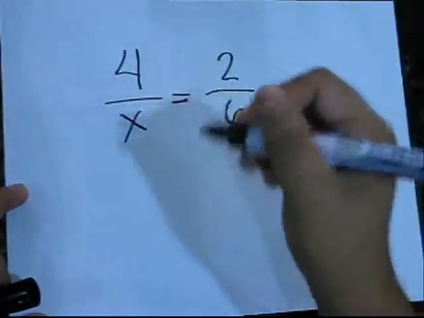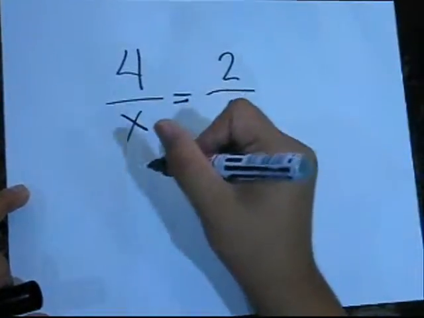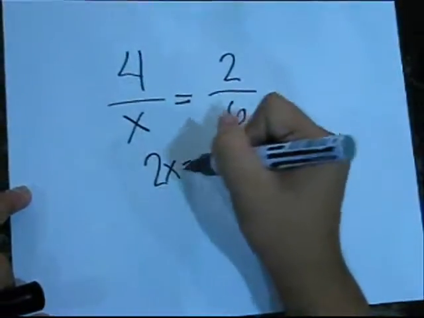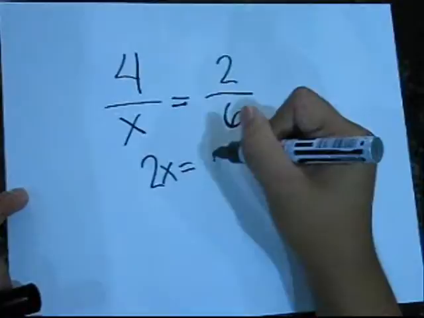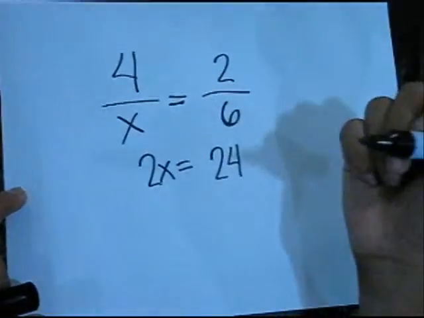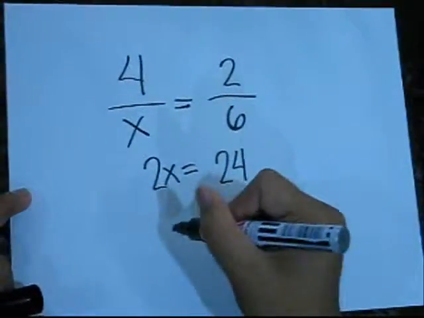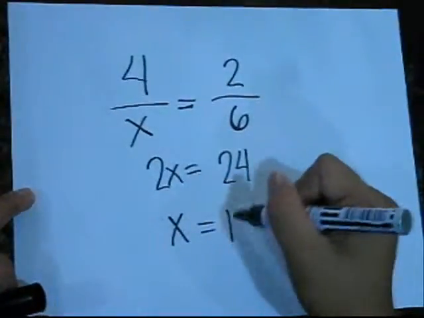Simply, we cross multiply each. We have 2x equals 24. We take 1/2 on each side, so we have x equals 12. That's the answer using the means extremes product law of proportion.